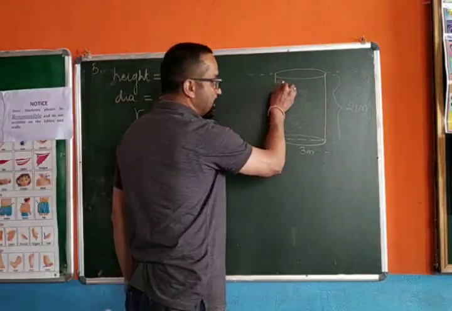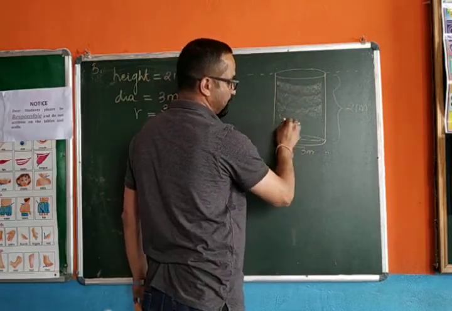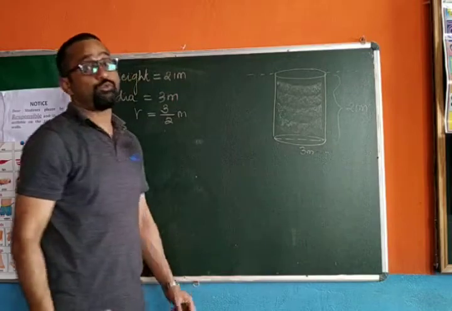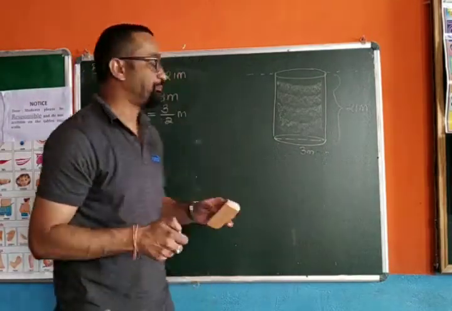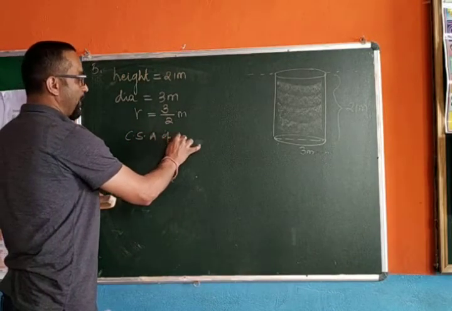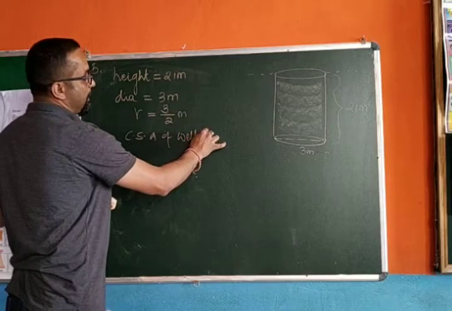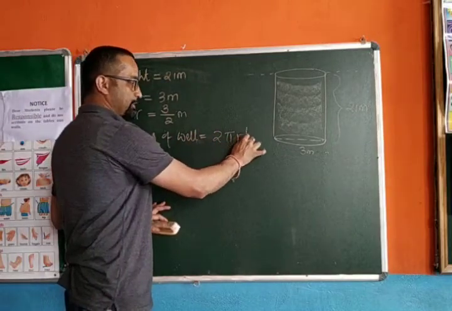This inner part is to be plastered from all around, so we are talking about the curved surface area of the well, or you can write cylinder. It is 2 pi rh.